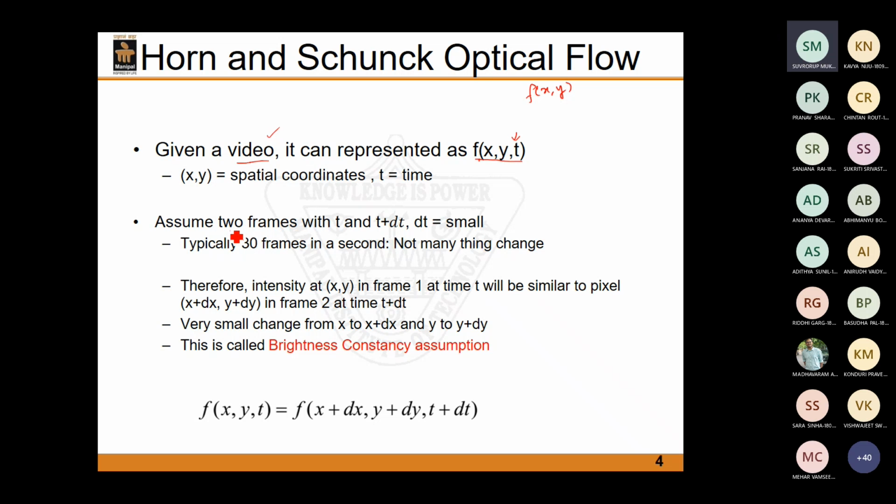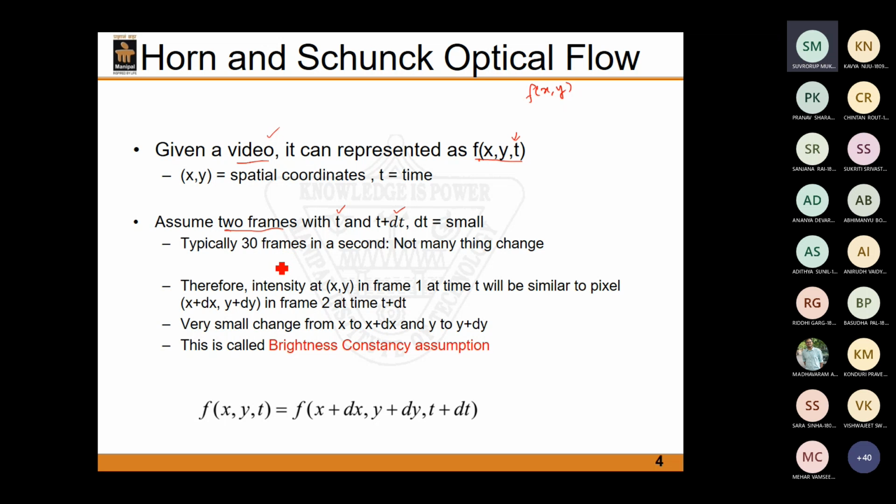Now let us assume that you have two frames in a video. Let's say the first frame is at time t, and let's say the next frame is at t plus dt. What we are saying is this dt is very small, because if you're taking just two consecutive frames, there is not much time difference, because typically there might be around 30 frames in a second.